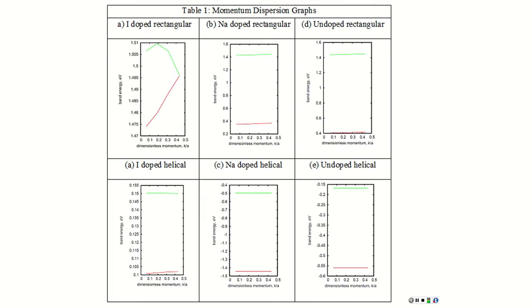So that means there's minimal dependence of the band energy on the momentum. However, for graph A, you can see that there's a strong linear dependence of the band energy on the momentum. And if I had more time, I would investigate that. That's one of the questions I plan to investigate going forward into my research.